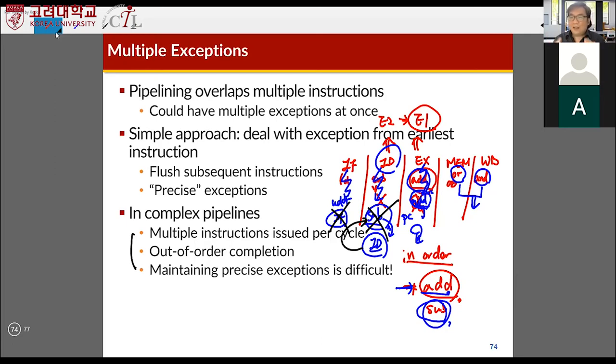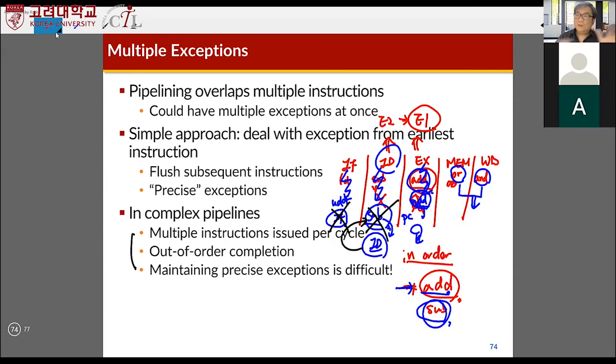So actually, out-of-order processing is essential for high performance. But because the order of executing instructions is shuffled in the processor, this type of processor is very difficult to support precise exceptions.